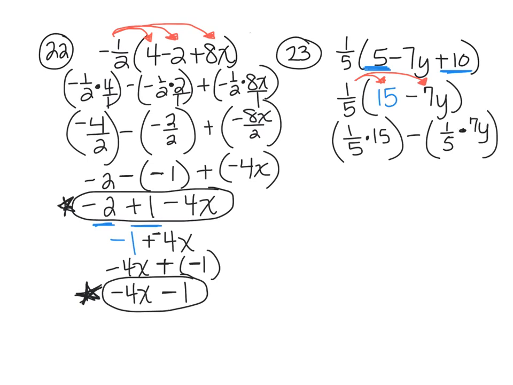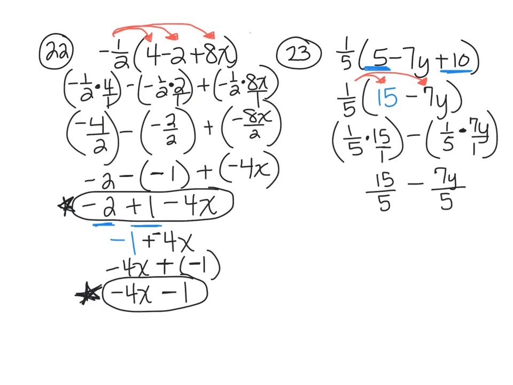Now remember, in order to multiply, you can put the 15 over 1 and the 7y over 1. So as you multiply, you get 1 times 15 and 5 times 1. And in the second part, you get 1 times 7y, and the denominator is still 5 times 1.